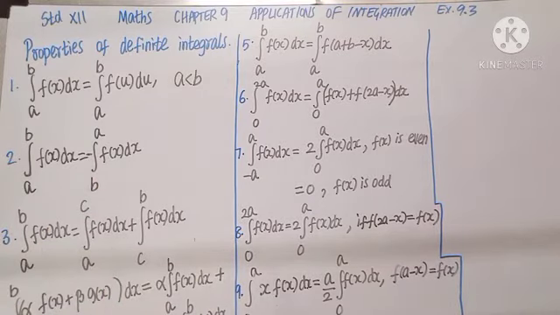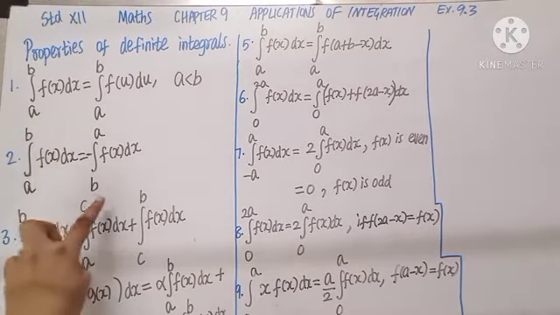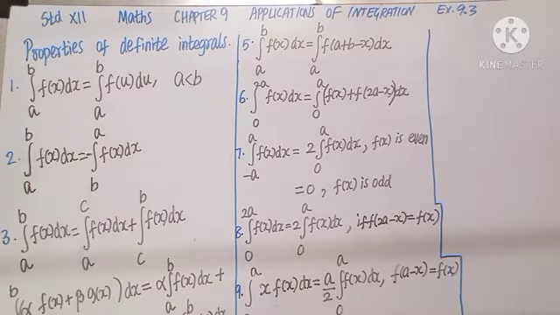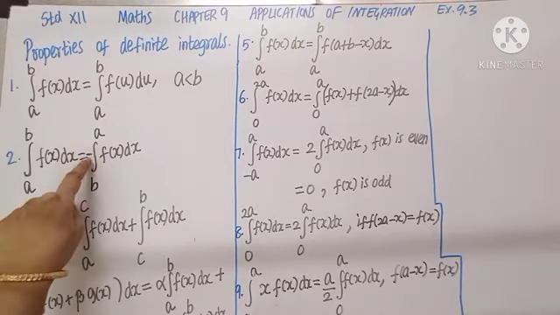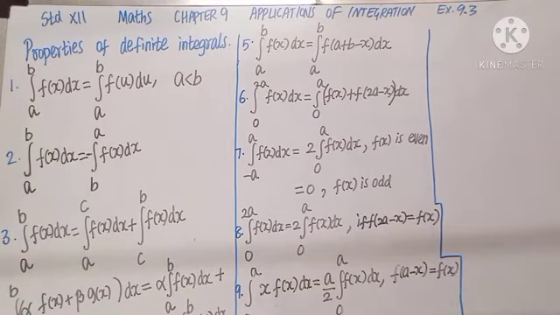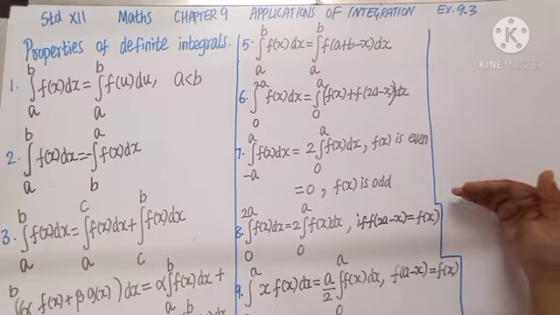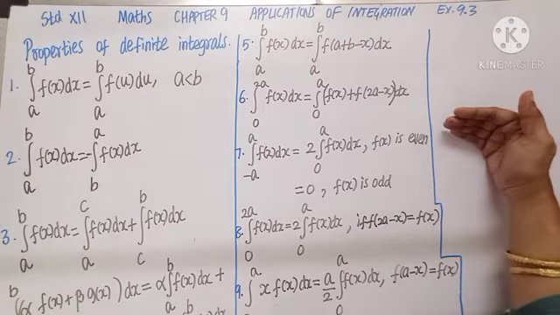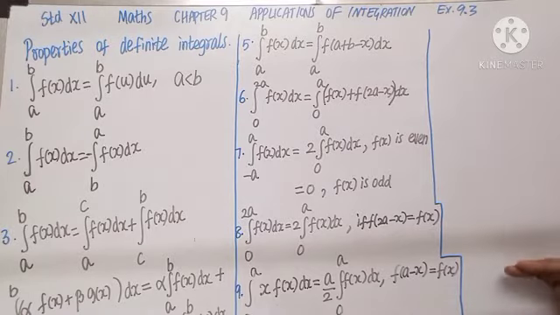Second property. When I interchange the limits, a to b becomes b to a. What is the extra thing? A minus symbol. See, in the morning you come from home to school, in the evening you go back from school to home.